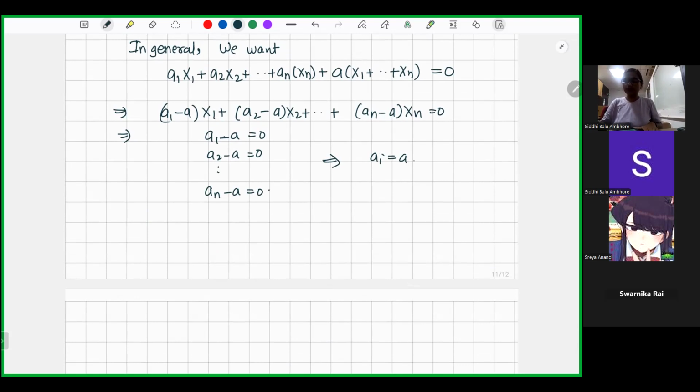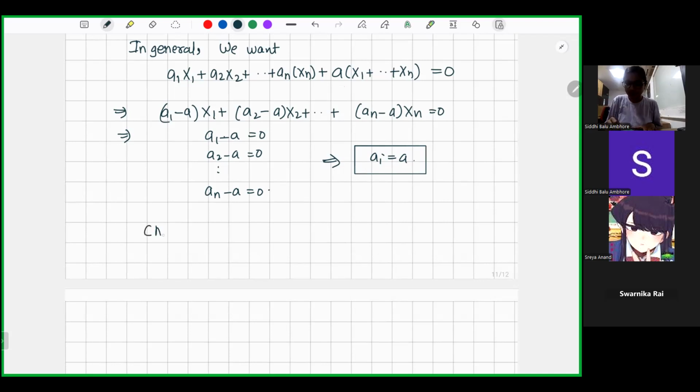The moment I have this condition on my coefficients, that ai is equal to a, I'm getting the linear combination to be 0.